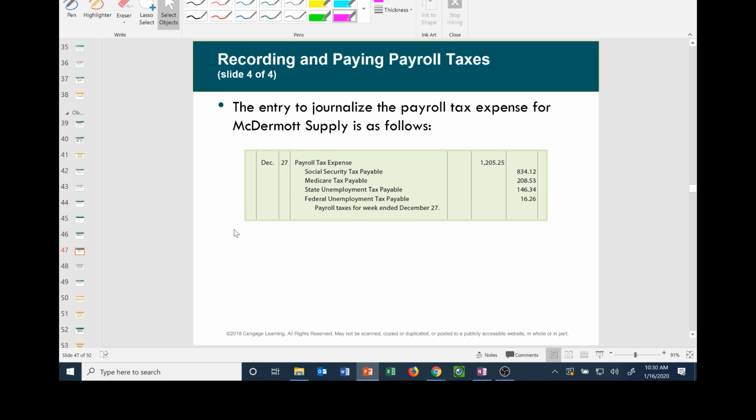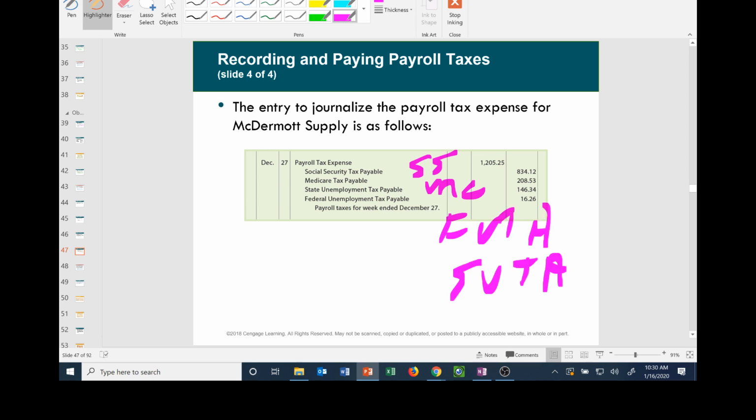And it is okay to abbreviate these taxes with an SS, MC, FUTA, and SUTA. It's okay to abbreviate in accounting for these taxes payable.